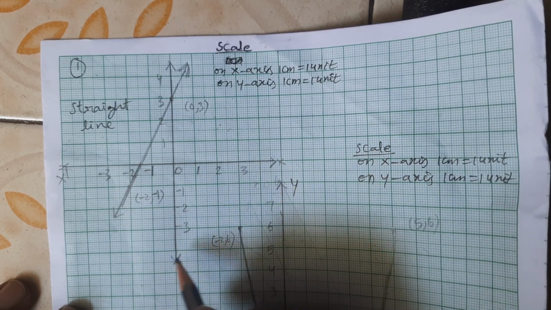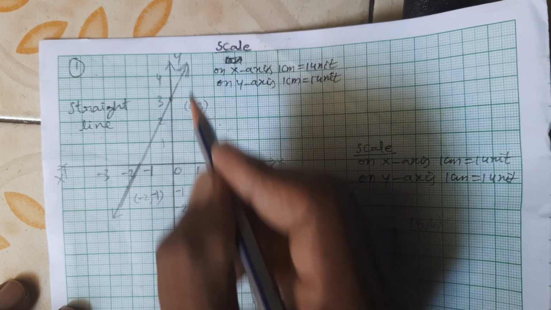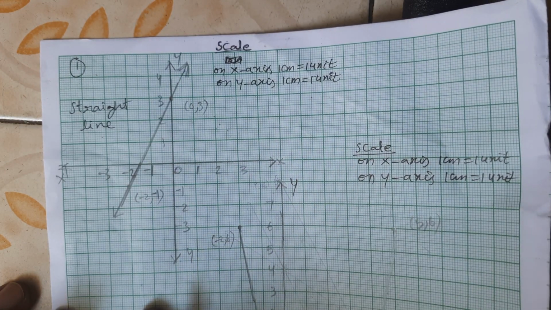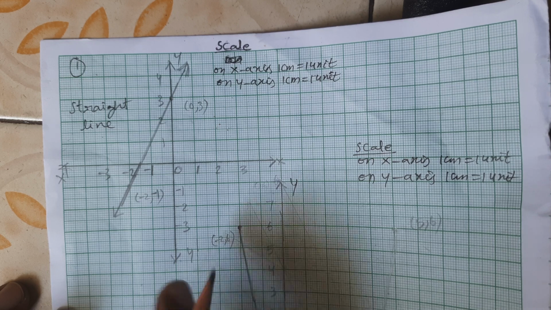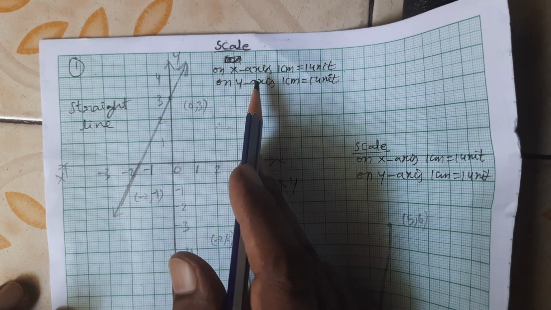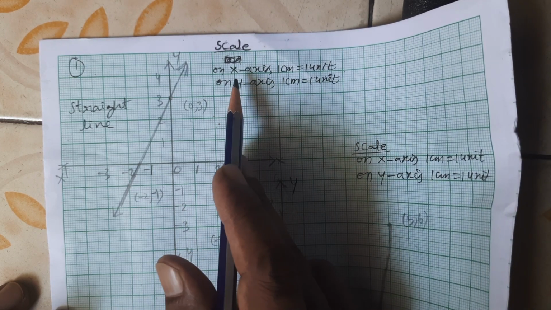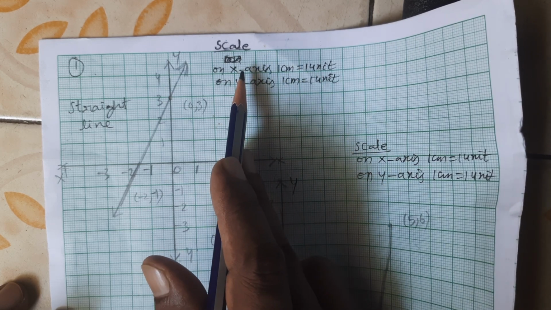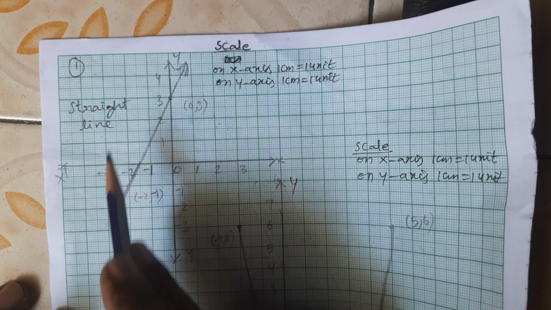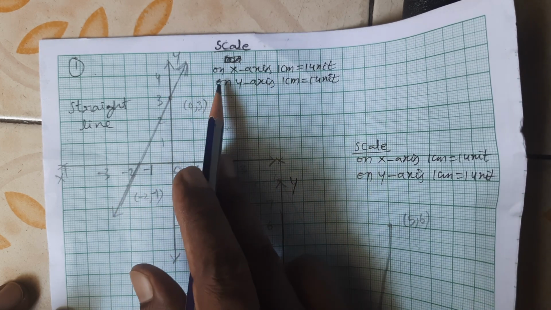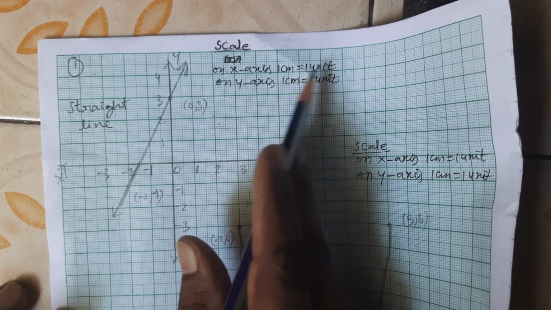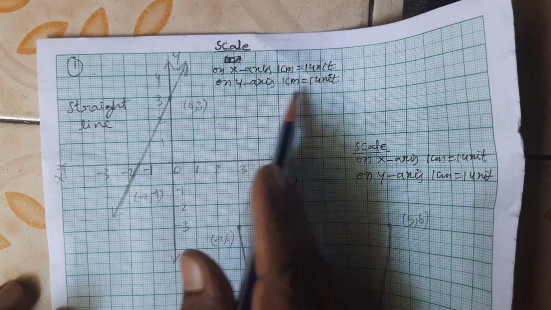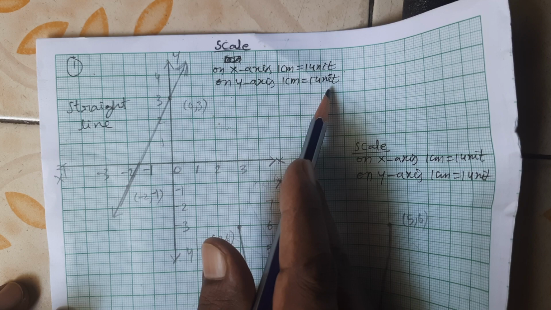Suppose you are drawing the vertical line, y, o, y dash. This is the vertical line. First, on the top right corner, we should write the scale. Entirely with the pencil only we should write. On x-axis 1 centimeter is equal to 1 unit. On y-axis 1 centimeter is equal to 1 unit.